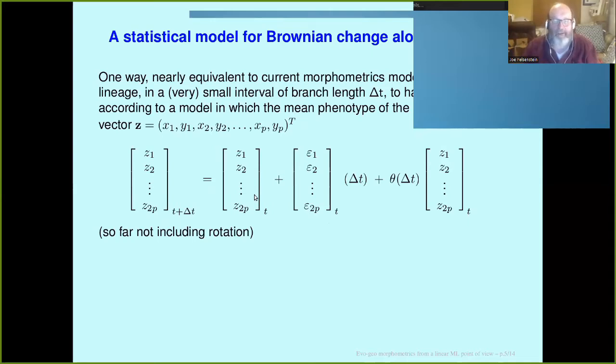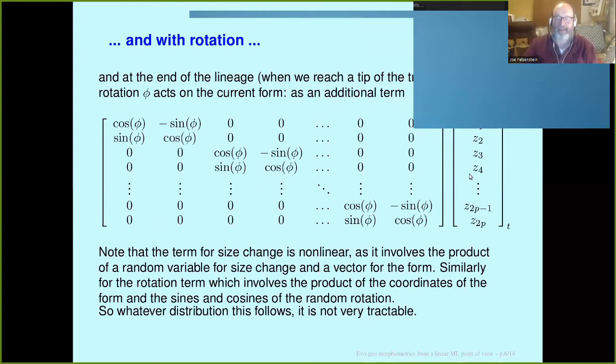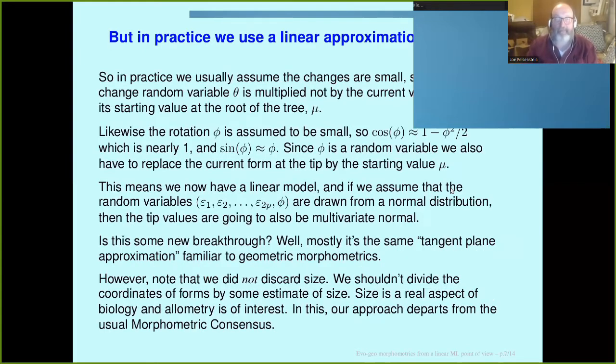Replace the one over here and the z's in the rotation term by an average form, which we can take as the starting value on the lineage. So if we replace those z vectors by the starting values, we'll be close in terms of the changes of size, and we'll be close in terms of the rotation. And then you have a linear model.